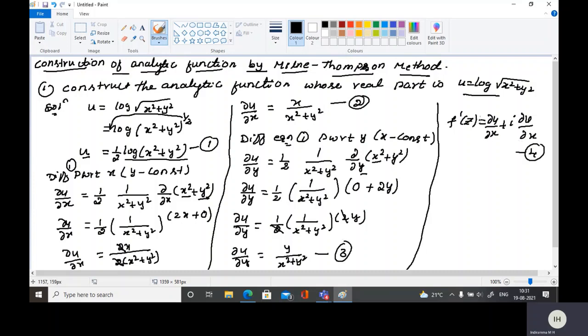To substitute in equation 4, dou u by dou x we have, but we don't have dou v by dou x. So since we are constructing the analytic function, that should satisfy the CR equations. By making use of the CR equations, I can find dou v by dou x. What is our CR equation? Dou u by dou x is equal to dou v by dou y and dou v by dou x is equal to minus dou u by dou y.